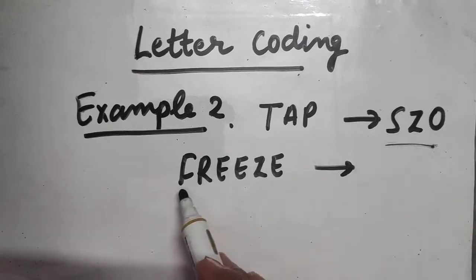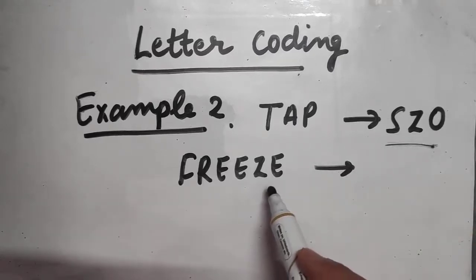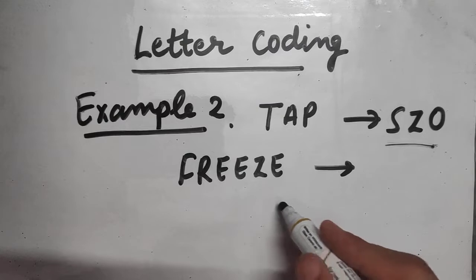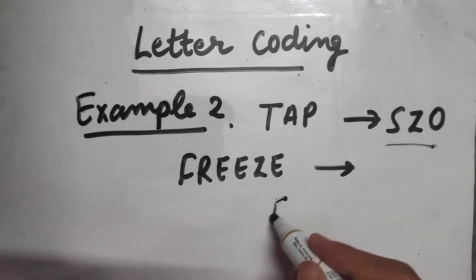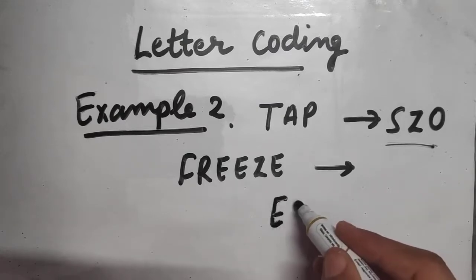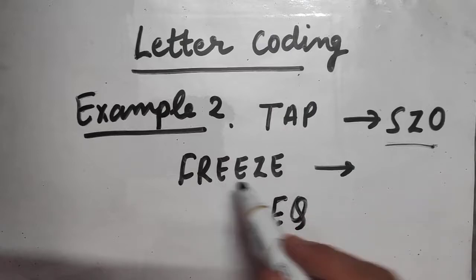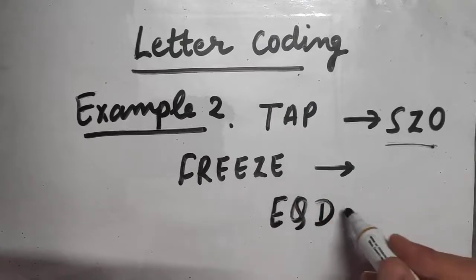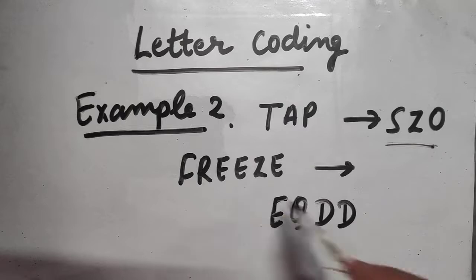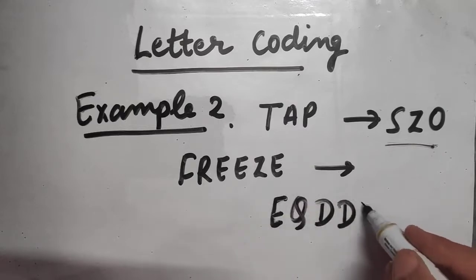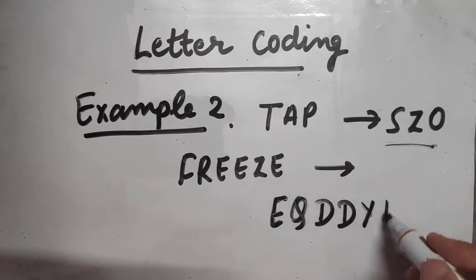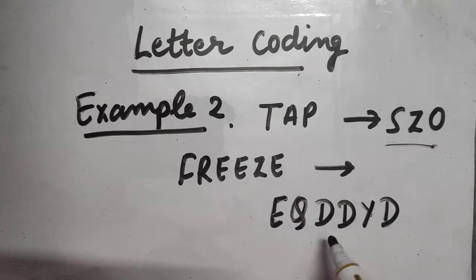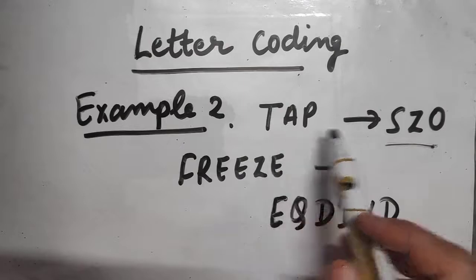So let us move each letter of the word FREEZE one step backward, and accordingly we will get the answer as E, Q, E is moved one step backward D, again E moved one step backward D. If Z is moved one step backward, then Y. If E is moved one step backward, then D. So EQDDYD is the code according to the given code.